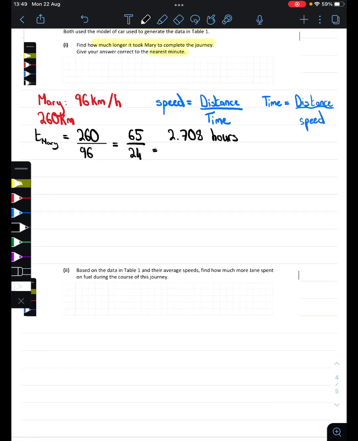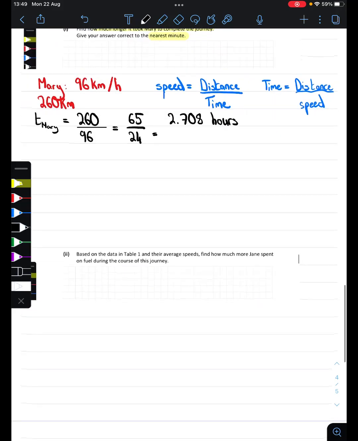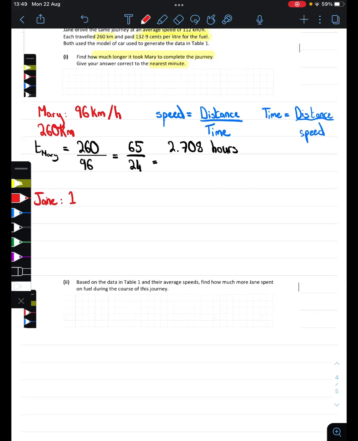And so then we'll do the same for Jane. So Jane is driving at 112 kilometers per hour, and she also travels 260 kilometers.